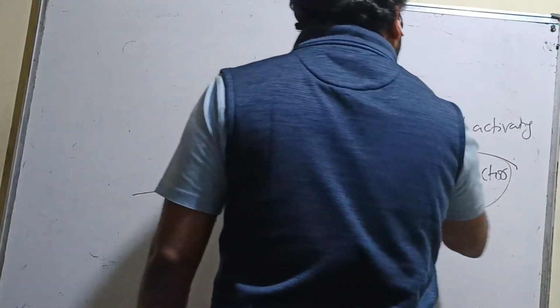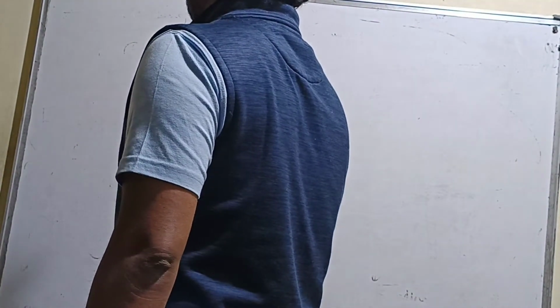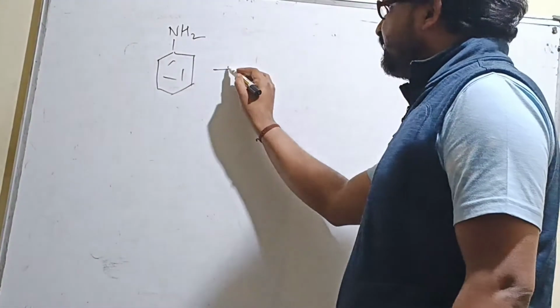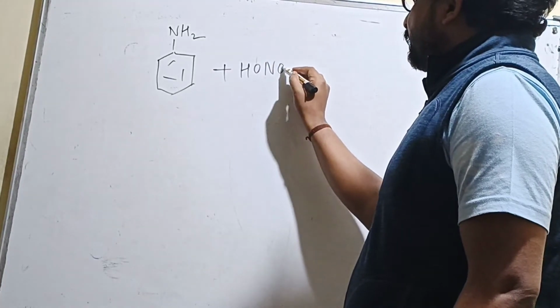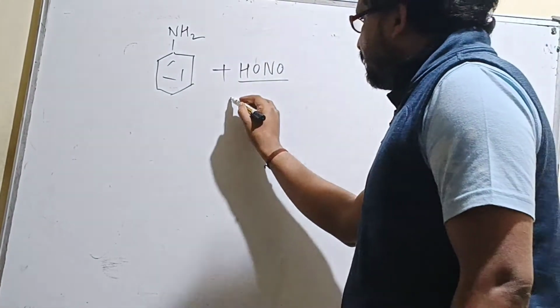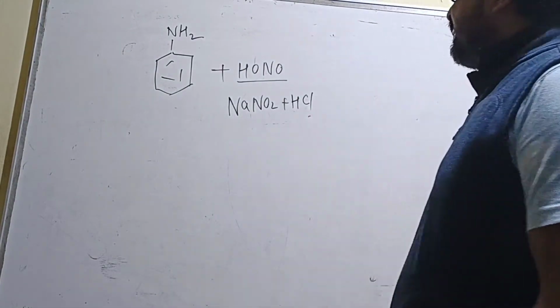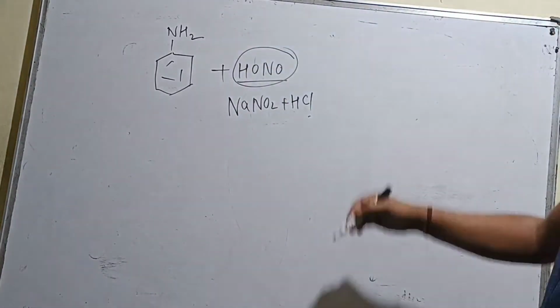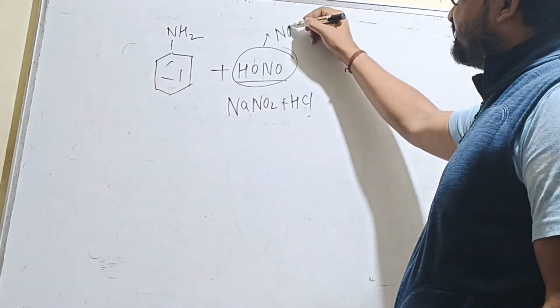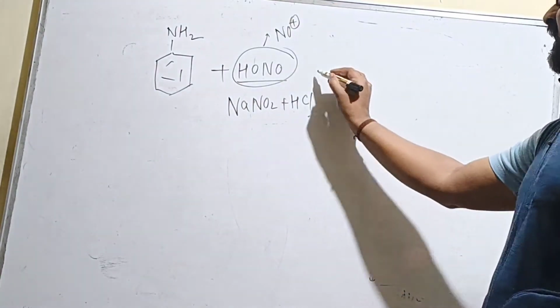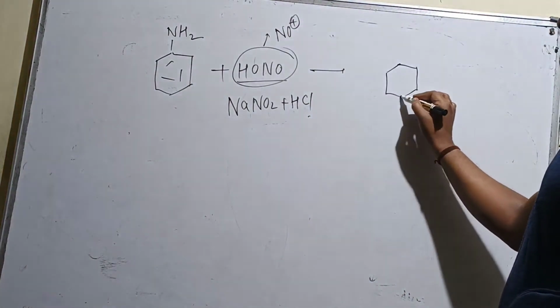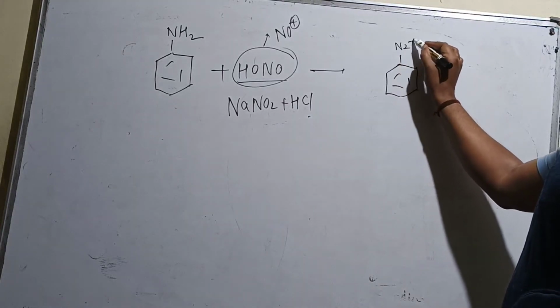Now let's take another reaction. When you treat aniline, an aromatic primary amine, with HONO, HONO will be given as NaNO2 plus HCl, but the basic purpose of telling you HONO is that you know the reacting species is NO plus, and it will form a diazonium salt.